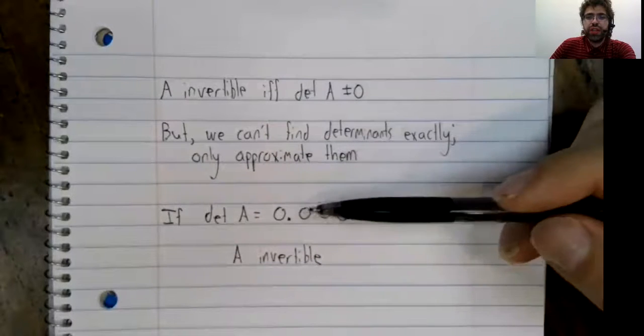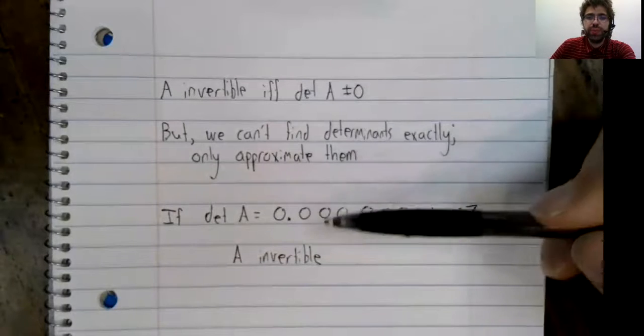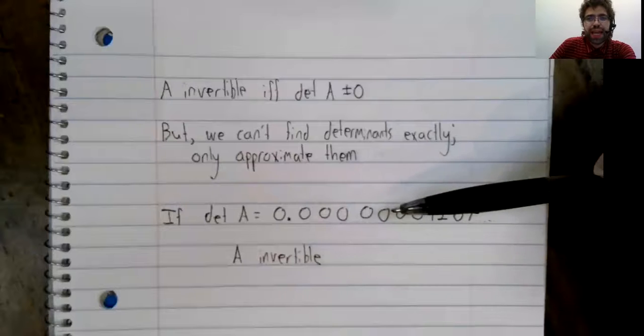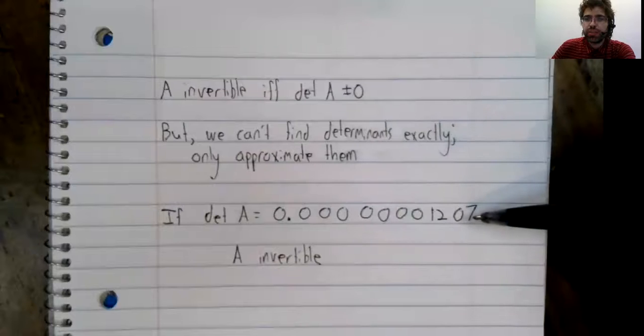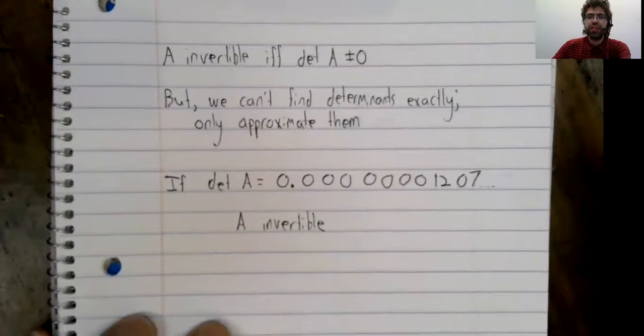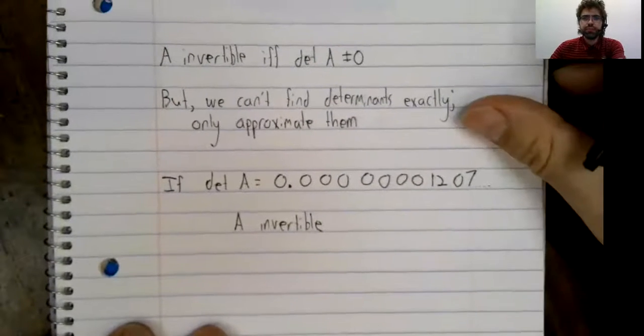So certainly, if we could be confident that this is the determinant, we can get information, but we can't be confident that this is the determinant. Maybe this is the determinant, maybe the determinant is actually zero, and we're seeing a little rounding error.